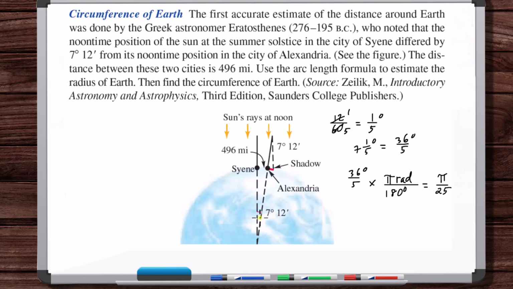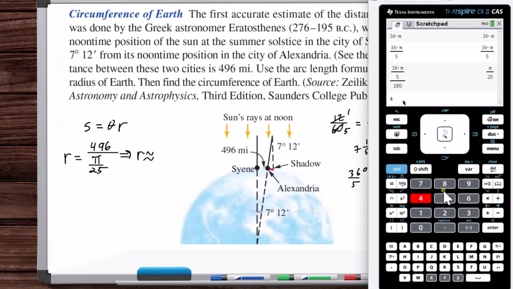is pi over 25. Okay, so let's go ahead and get the radius of the Earth first, the estimated radius. So in radians, S is equal to theta R. That's it. It's a simple formula. So the radius then is, if we have S is 496, and we've got theta in radians, so there it is.